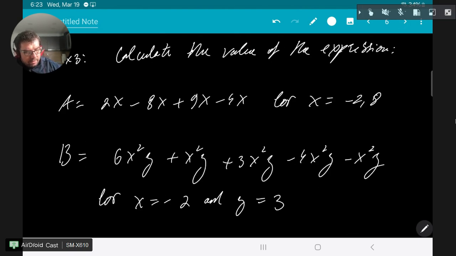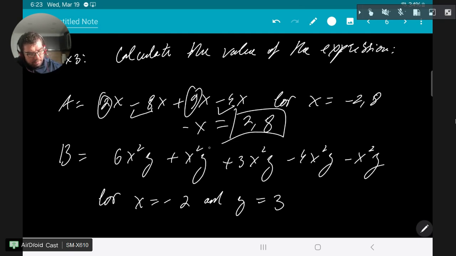Calculate the value of the expression. It's the same, so I add 2 plus 9 is 11, minus 12, this is minus 1x or minus x. This is going to be minus 2.8, which is 2.8.